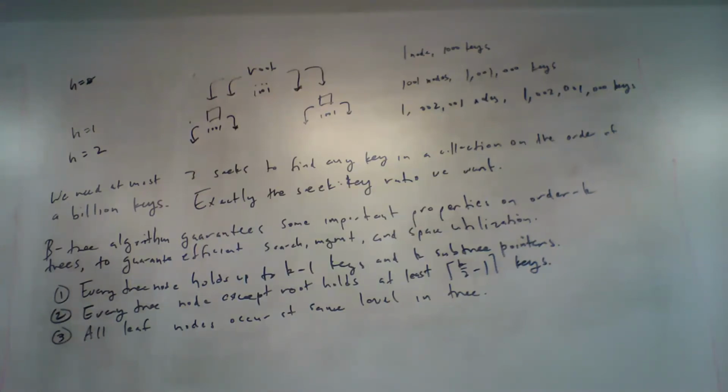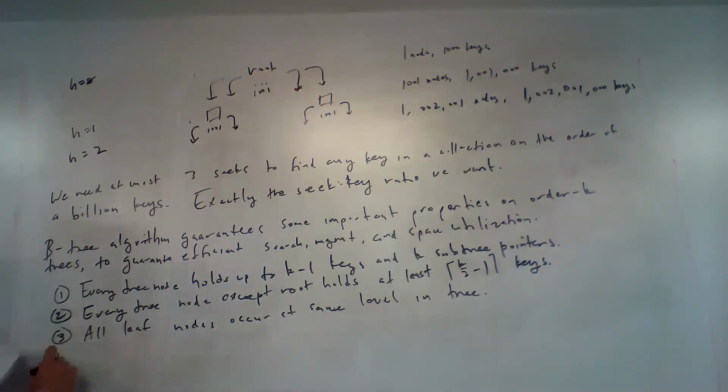Because we build bottom up, we're guaranteed that all the leaf nodes are at the same level in the tree. So the tree is always going to be balanced. There's never going to be any really short paths and any really long paths to get to any particular key. And so it's going to take the same maximum amount of time to find any key in the tree. As we showed in our example, 3 seeks maximum for our k equals 1001 order tree.